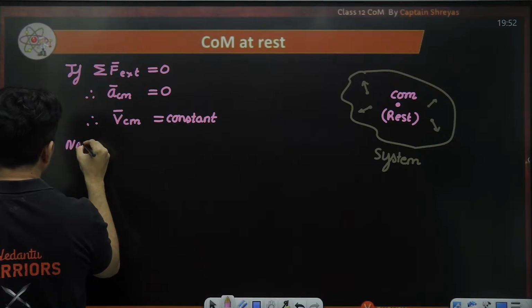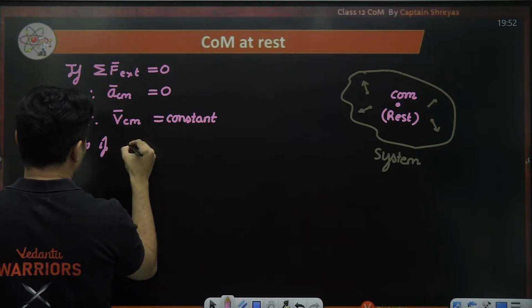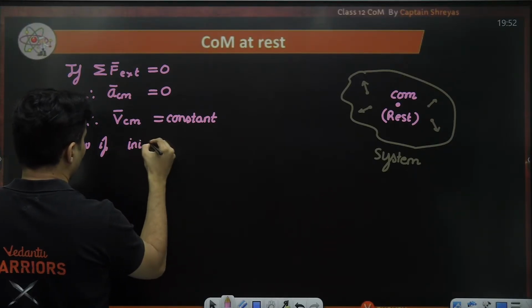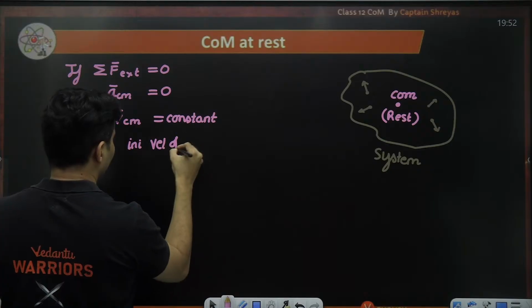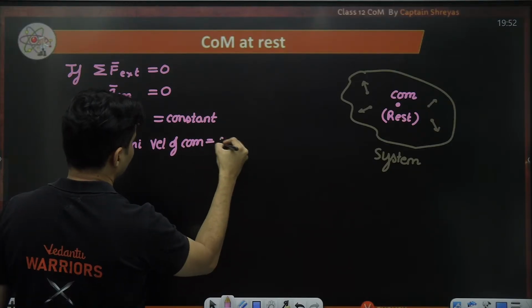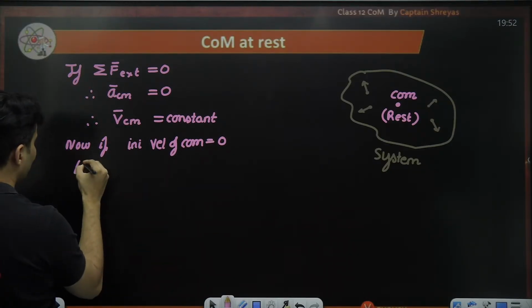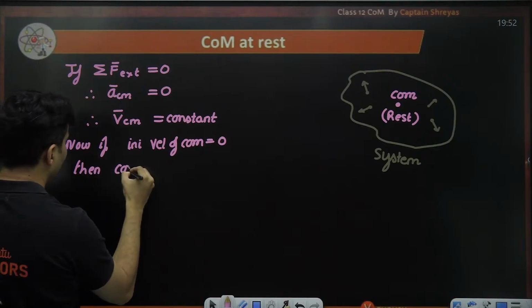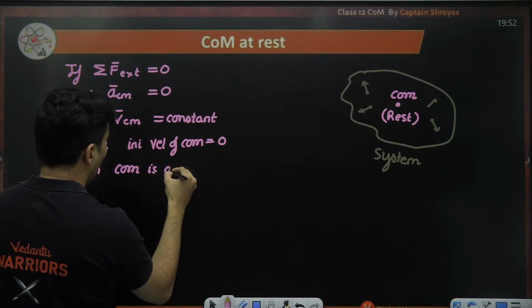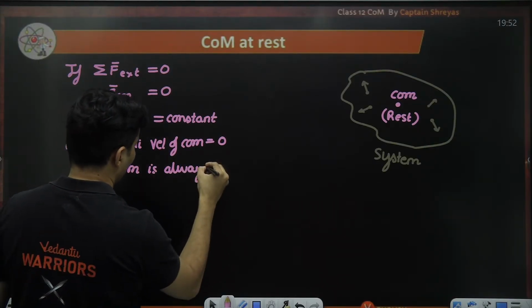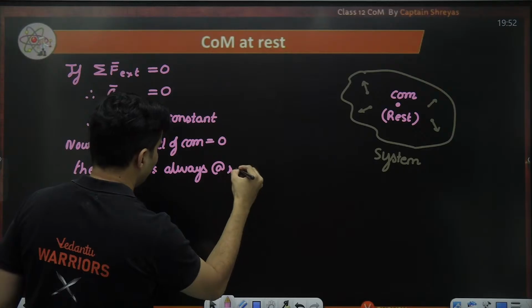Now, if initial velocity of center of mass is zero, then center of mass is always at rest. Always going to be at rest.